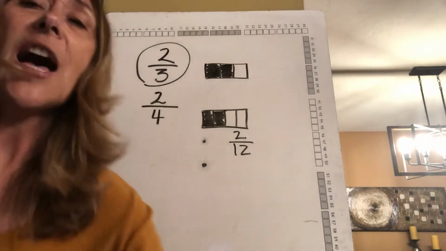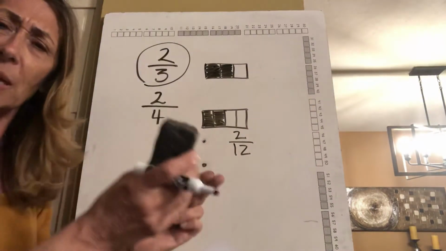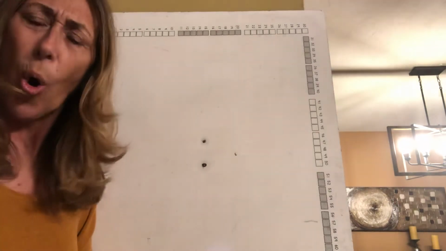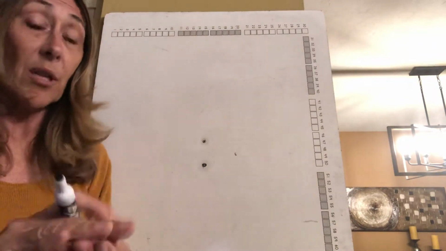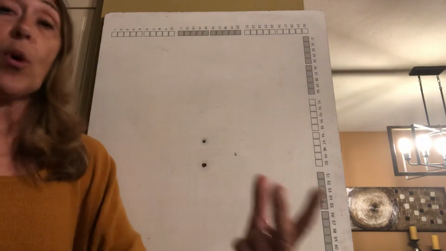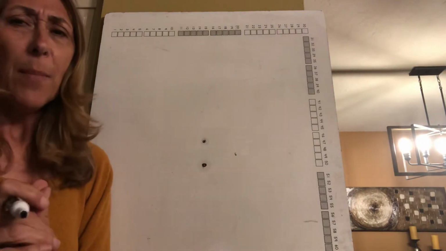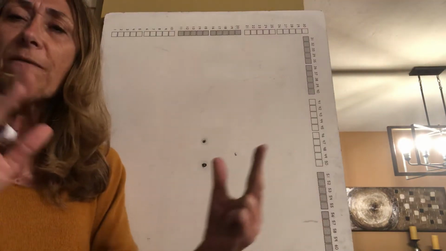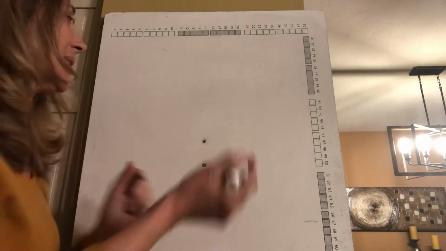So I'm not splitting it up into smaller increments. It kind of goes against whole numbers, because in whole numbers, the larger the number, the bigger it is. But in fractions, when the denominator's bigger, it's like the opposite. You're dividing it into smaller pieces.